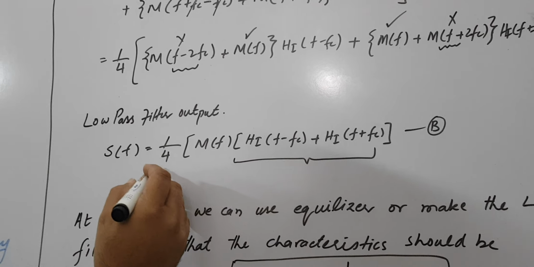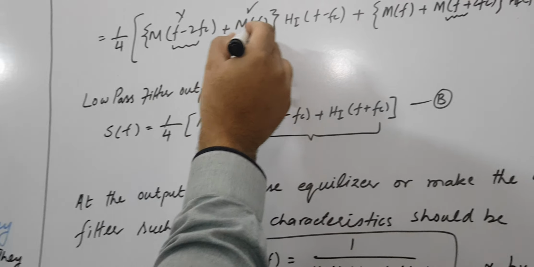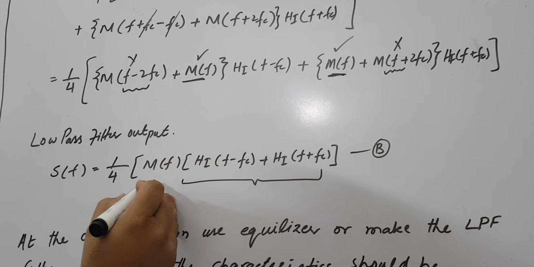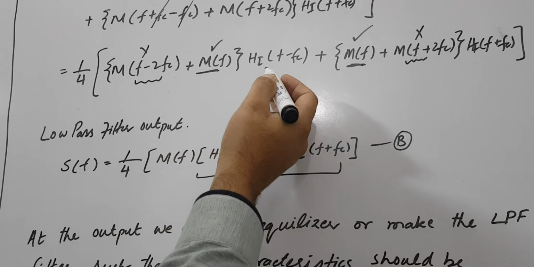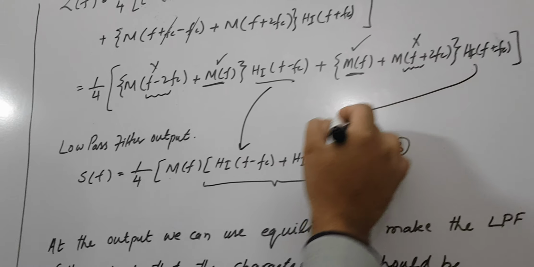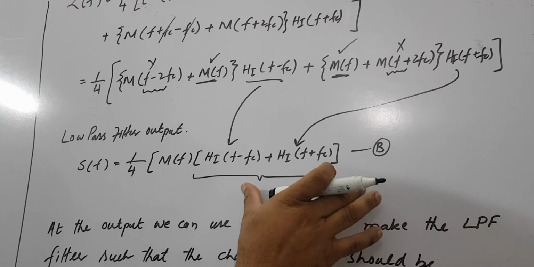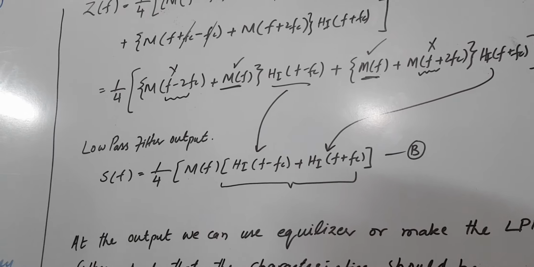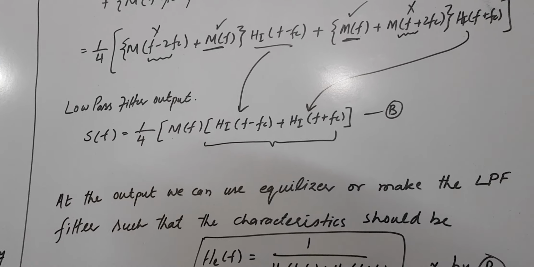That is why 1/4, M of f is common in both of them, so I take M of f common, the remaining is H of f minus fc plus H of f plus fc, and this is S of f at the output of the filter.